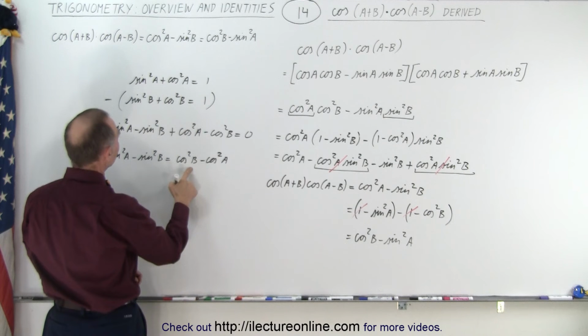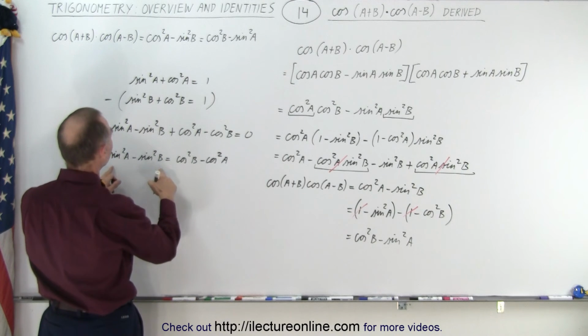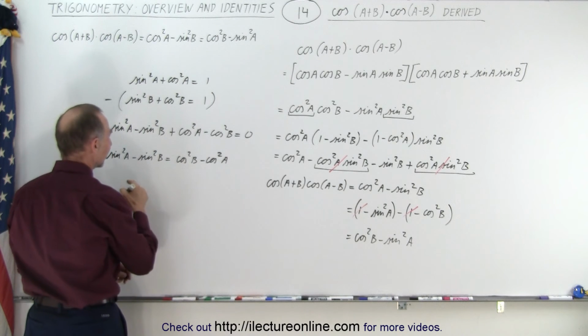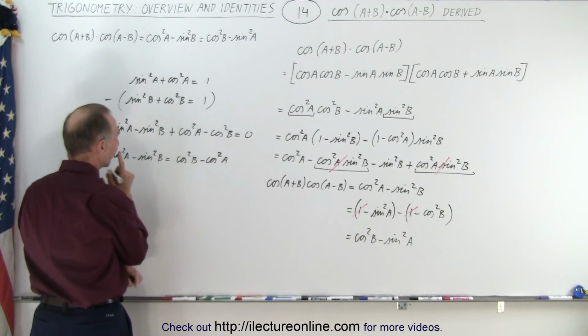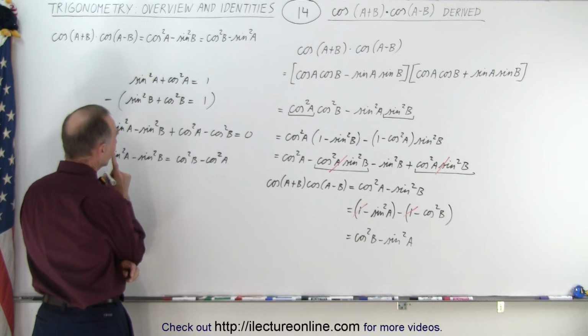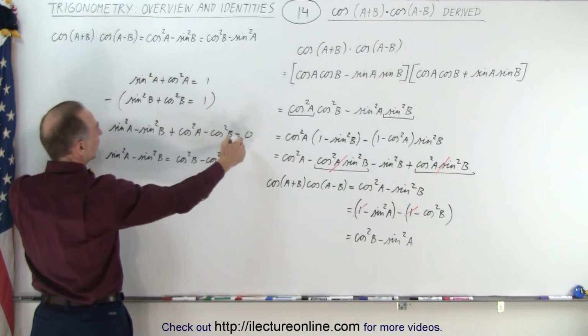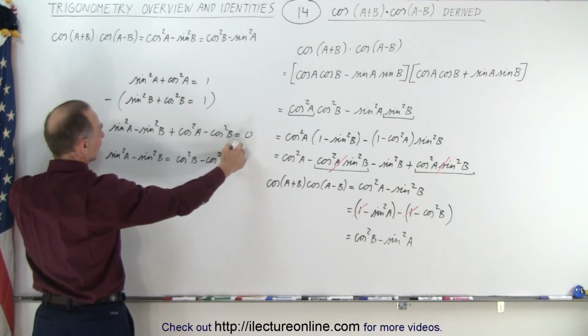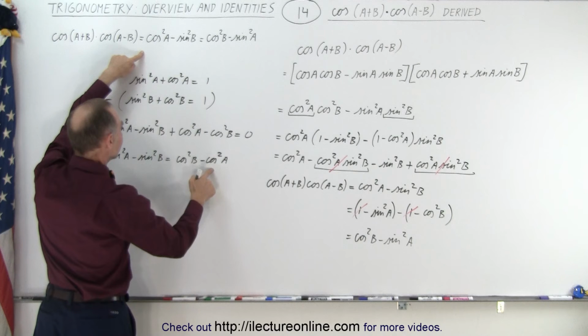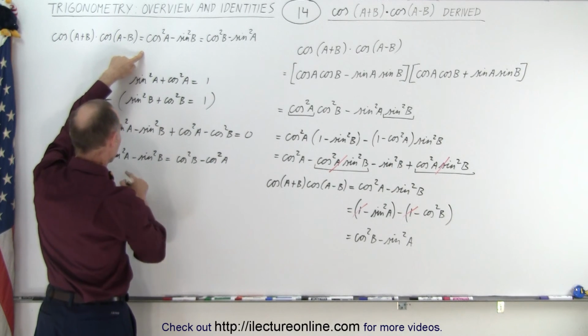I need to regroup differently. Cosine square of A, I'm going to move this across.